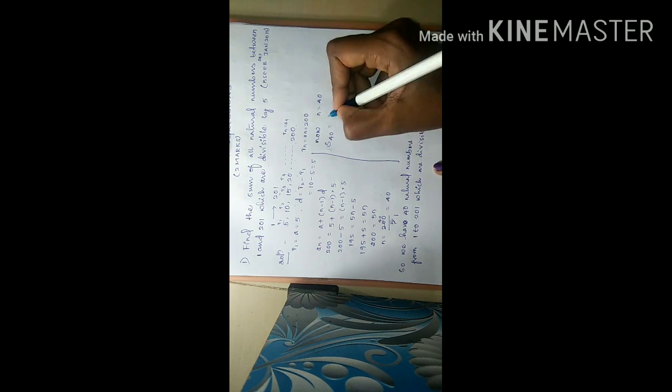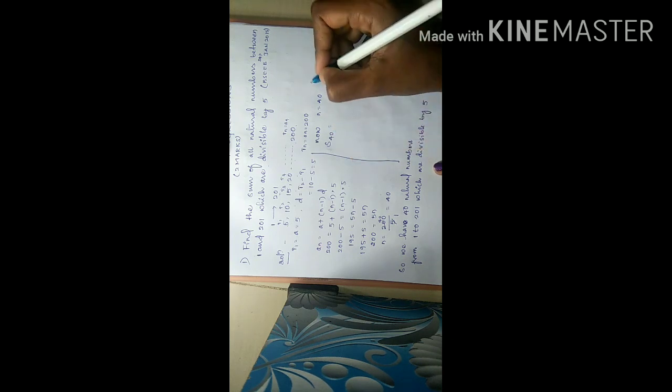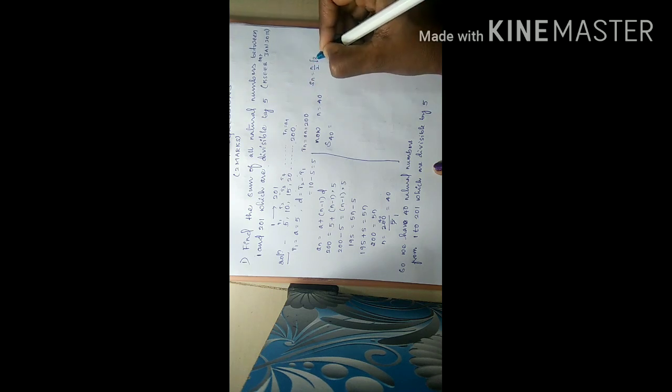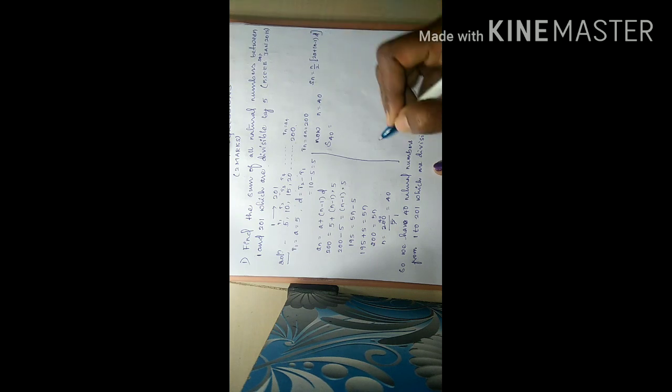So we know the Sn formula, that is Sn is equal to n by 2 into 2a plus n minus 1 into d.